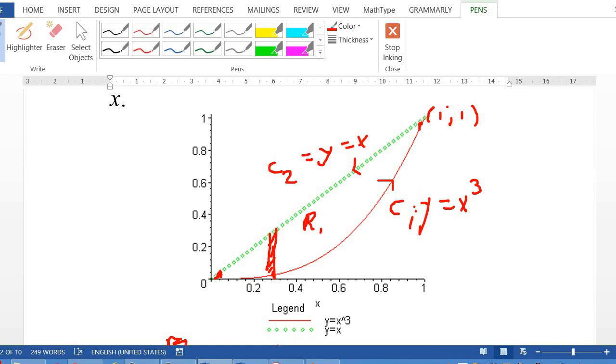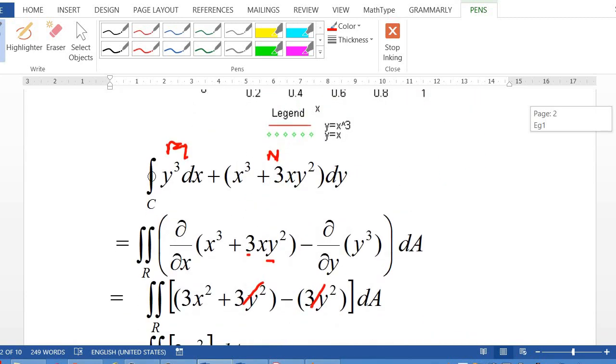Since the curves C1 and C2 are in the anti-clockwise orientation, and it is a closed curve, it forms the region R. Hence, instead of evaluating the line integral 2 times, you can just use Green's theorem, where you evaluate the double integral instead of the line integral.